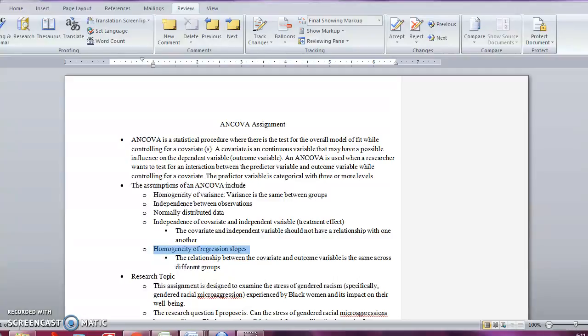You would want to control for or include a covariate in order to reduce within group error variability. So you have your covariate account for some of the unexplained variance, and that leaves more variance that can be explained by the predictive variable that you're proposing.